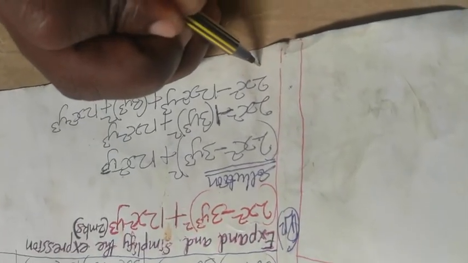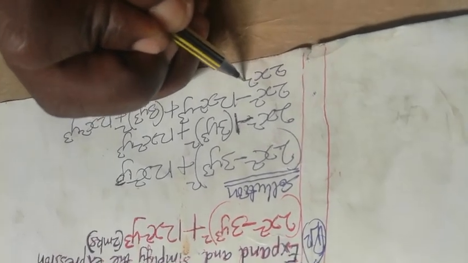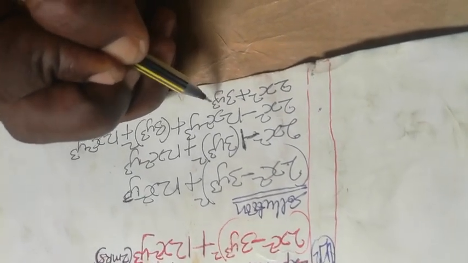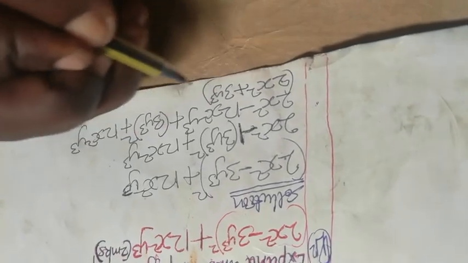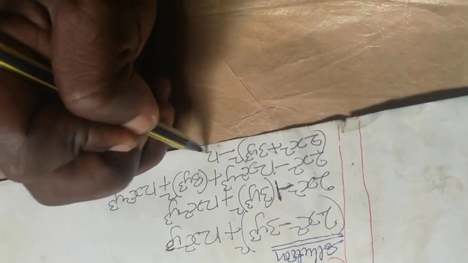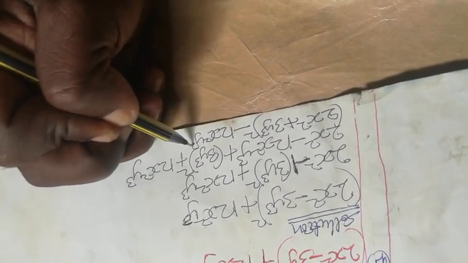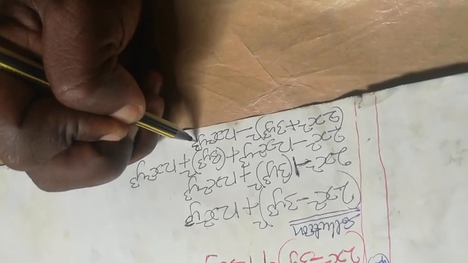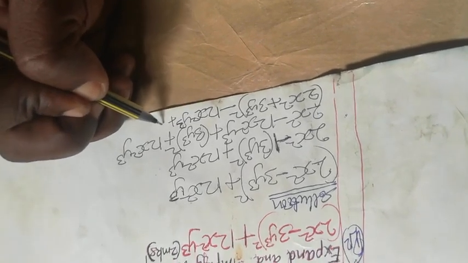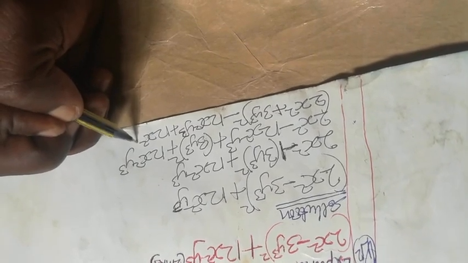Then you say (2x squared plus 3y cubed) all squared, minus 12x squared y cubed, where y is cubed, plus 12x squared y power 3.